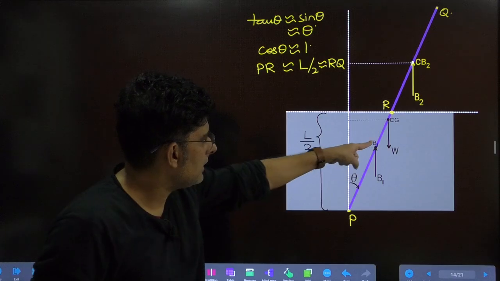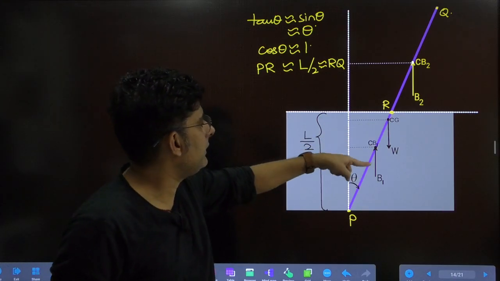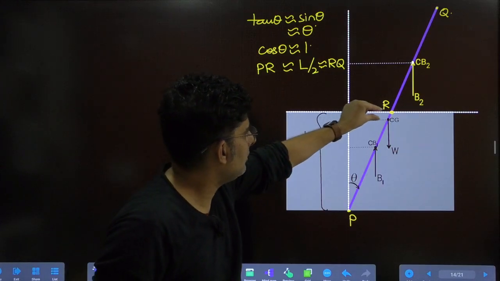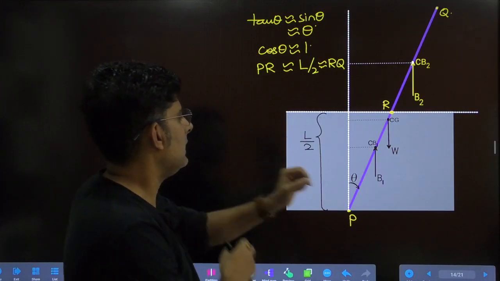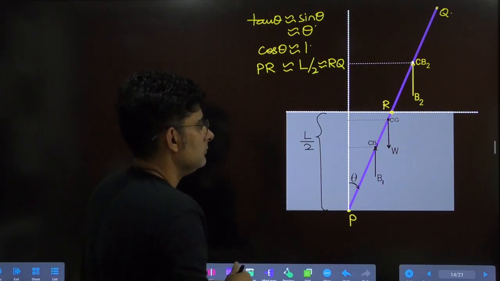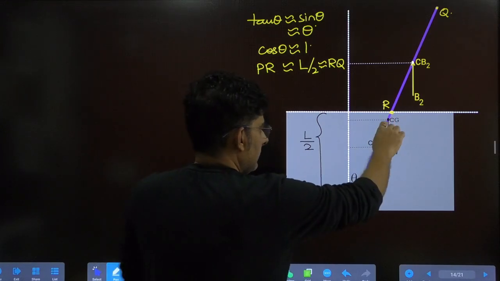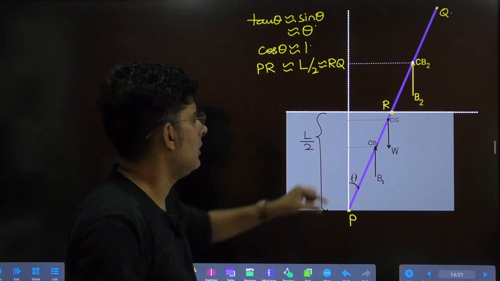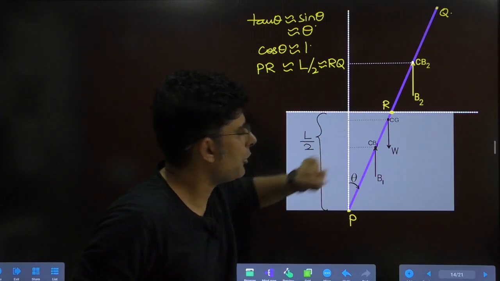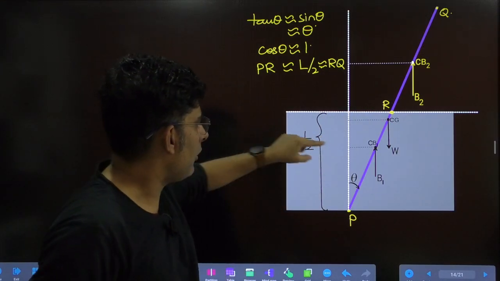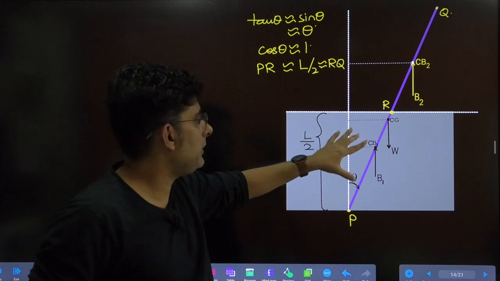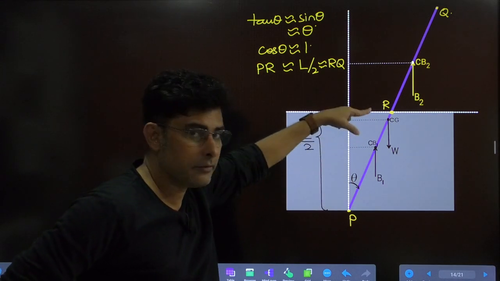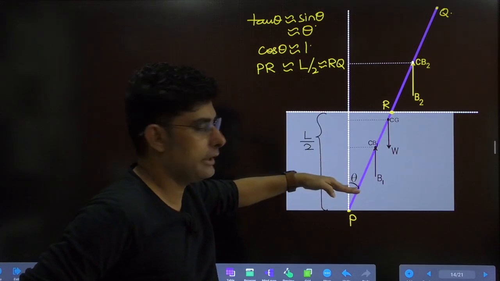I have marked here that the weight will act at the center of gravity. So the center of gravity is very close to this point. Here this distance, PCG, is actually L by 2, so this is very near to the point R. Now the center of buoyancy will be at the midpoint of the total length of the rod immersed in the liquid.